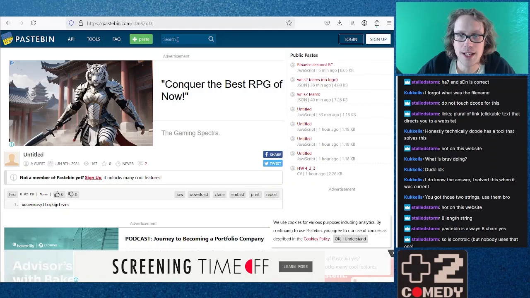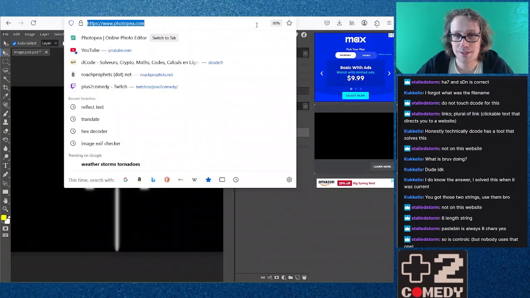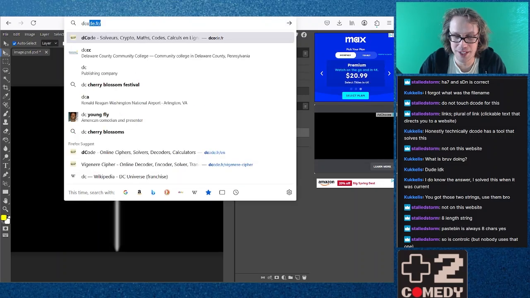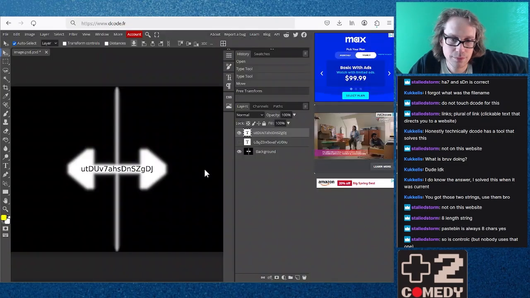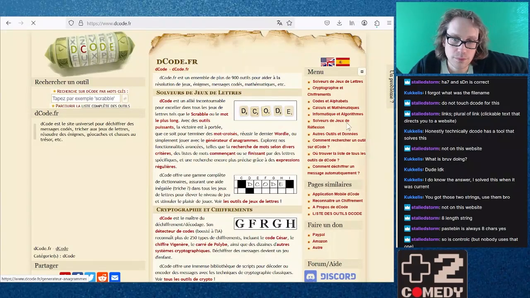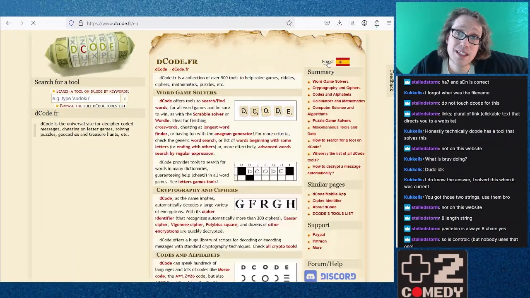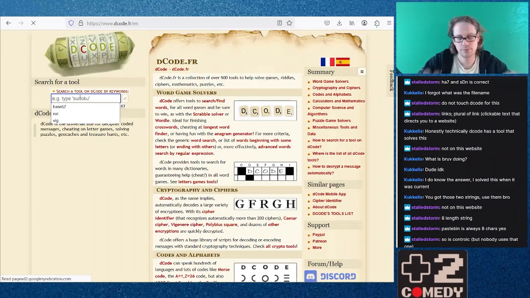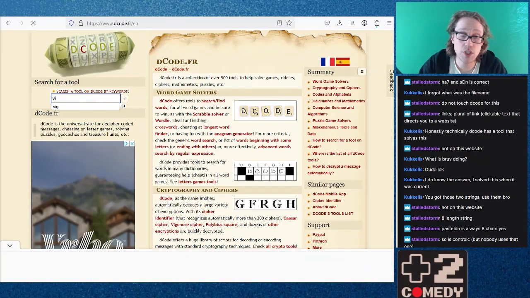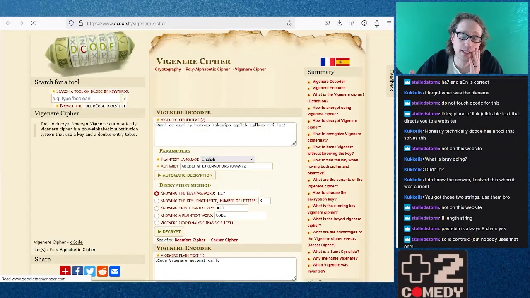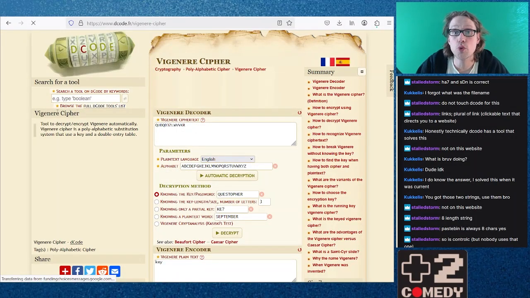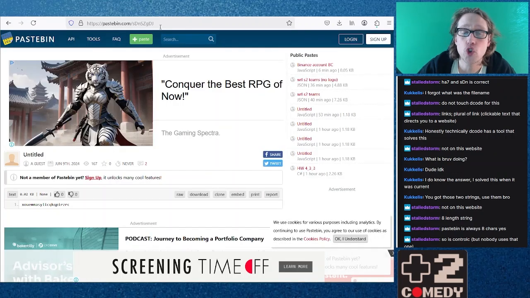There's also the chance... Guys, I'm going back. I'm doing it. I'm going to decode. There is the chance that it is a Vigenère cipher, and the code or the key is the same length as the message, which is a true Vigenère, because that makes it uncrackable.